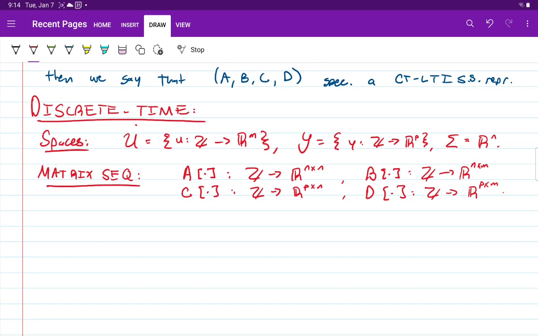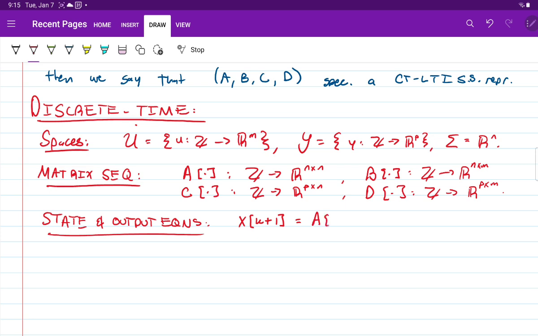All right. And finally, what I have is, once again, state and output equations. Now, instead of having a pair of a differential equation and an algebraic equation, I'll have a pair of a recurrence relation and an algebraic equation. All right. So what I have is x at time step k plus 1 is equal to A of k, x of k, plus B of k, u of k.